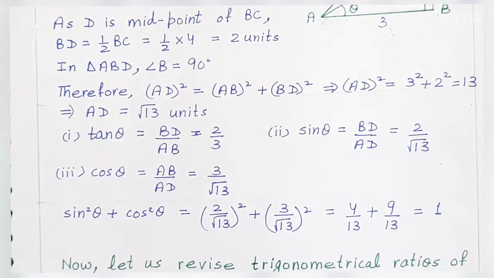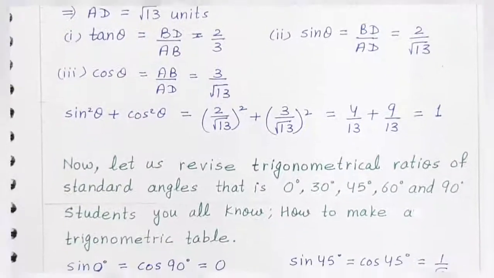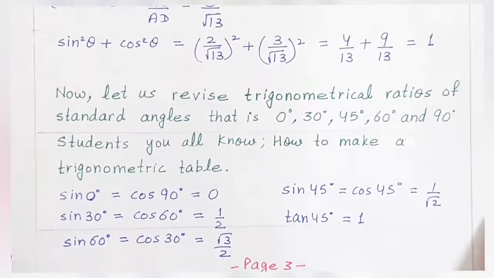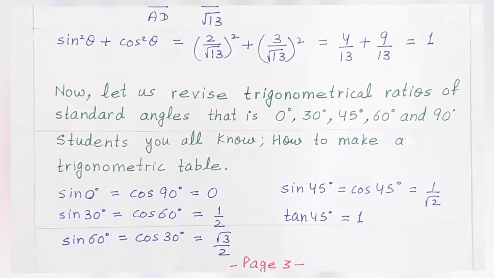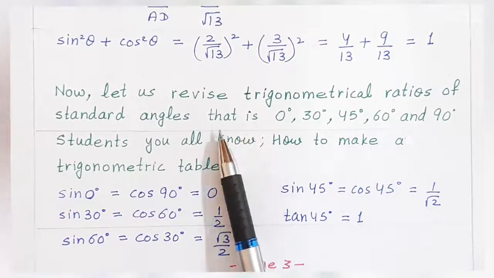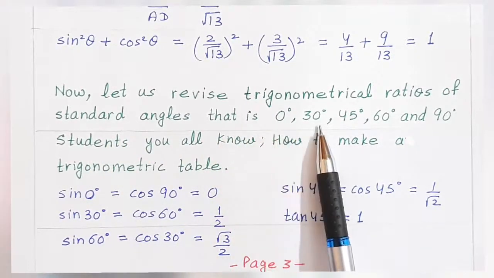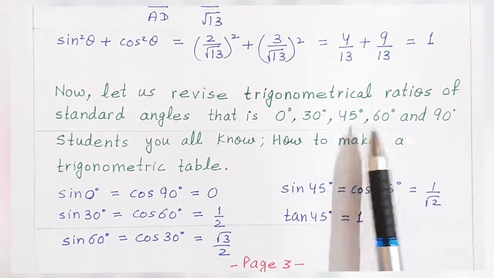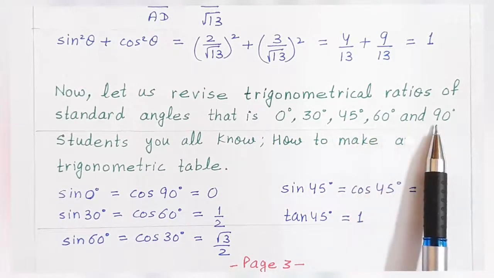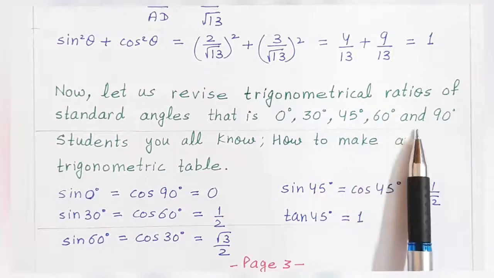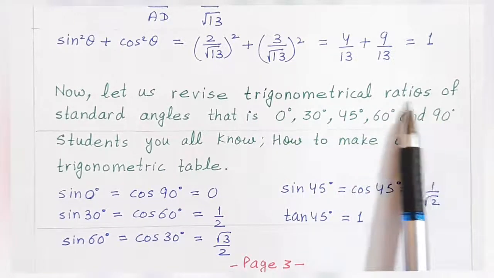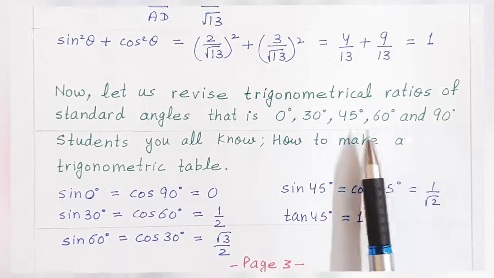Now students, let us revise trigonometric ratios of standard angles. That is 0 degree, 30 degree, 45 degree, 60 degree, 90 degree. Clear? So these are the angles that we are going to discuss.